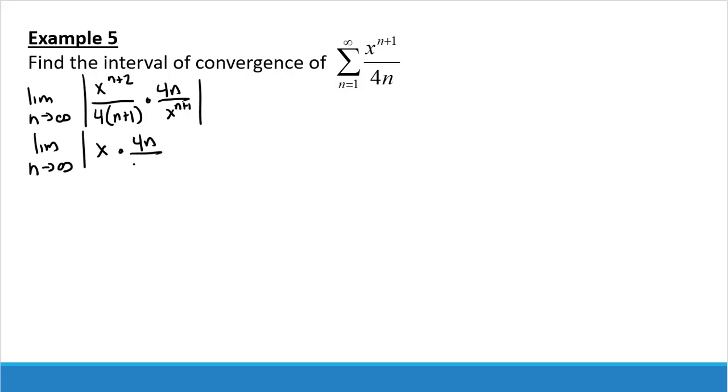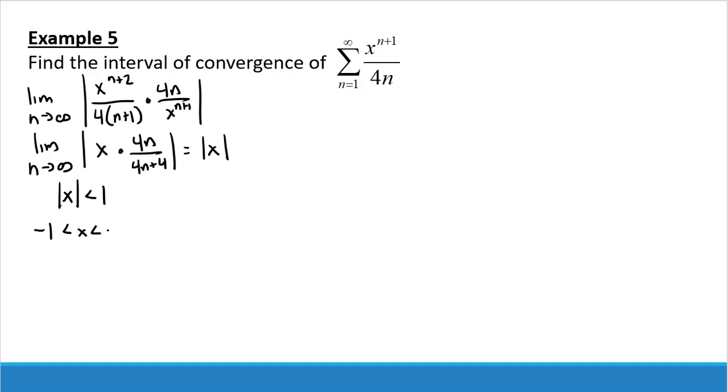This becomes 1, so my actual limit is equal to the absolute value of x. Remember, to be convergent, we need the absolute value of x to be less than 1, which basically means we need to be somewhere in between -1 and 1.